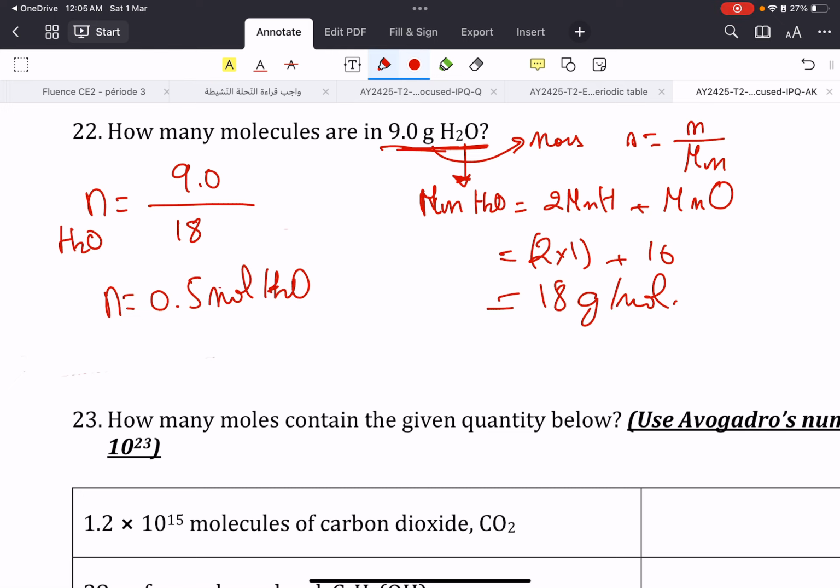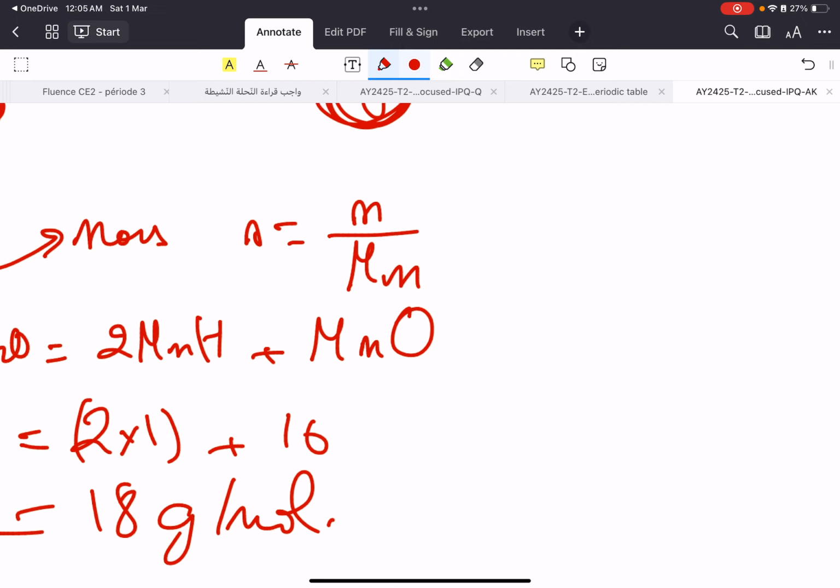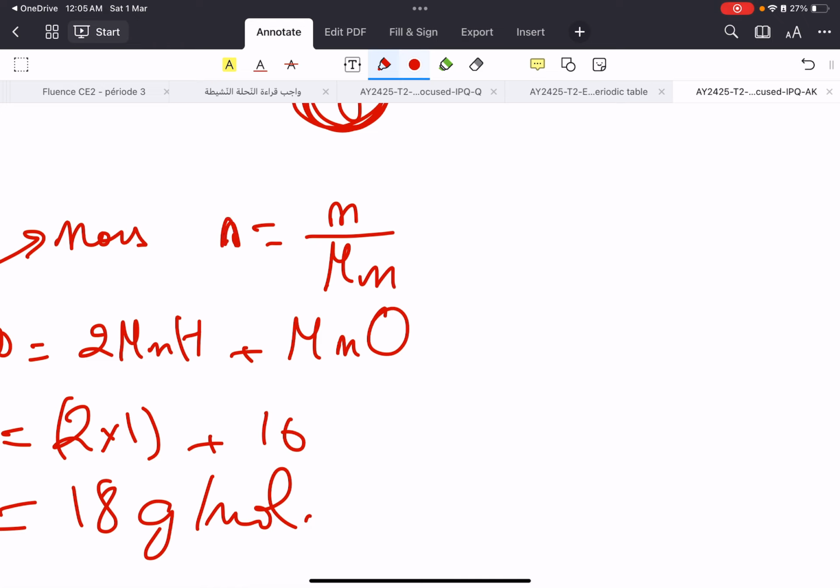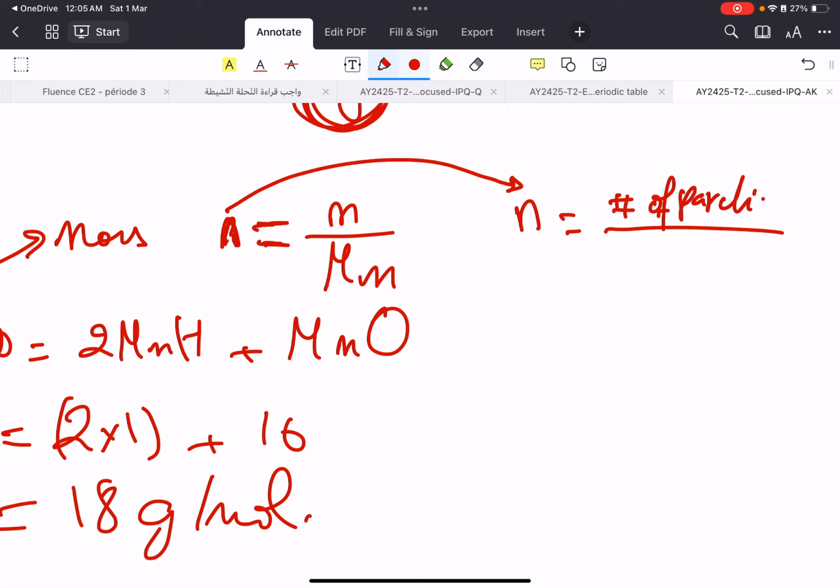Now, I found the mole. What do I need now? I need to answer the question. They want to know how many molecules. Again, this mole is equal to mass over molar mass, but also this same mole is equal to the number of particles, and a molecule is a particle, divided by Avogadro's number.